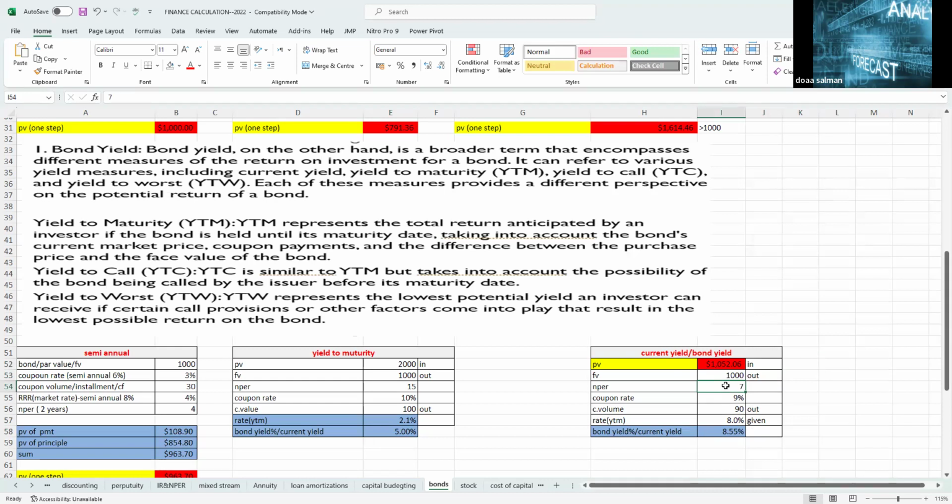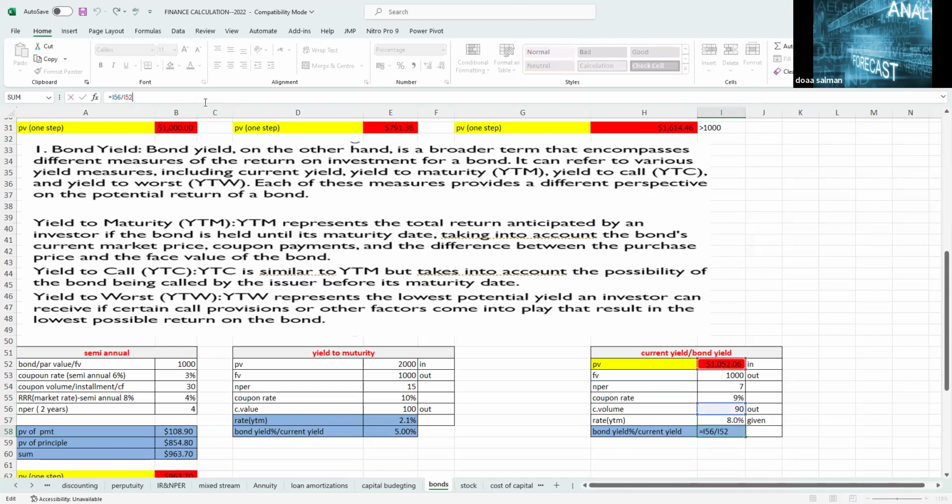The number of years is 7, and the coupon rate is given as 9%. The amount that you are going to pay is 9% times the 1,000, so it is 90, and the rate here is 8%. That is the discount rate in the markets.